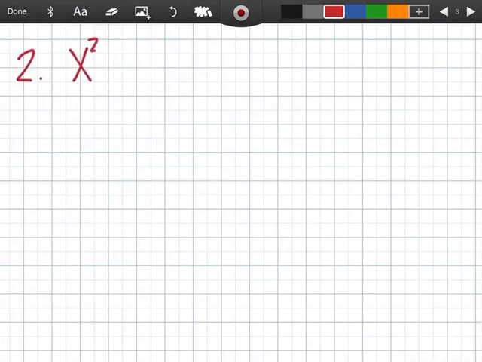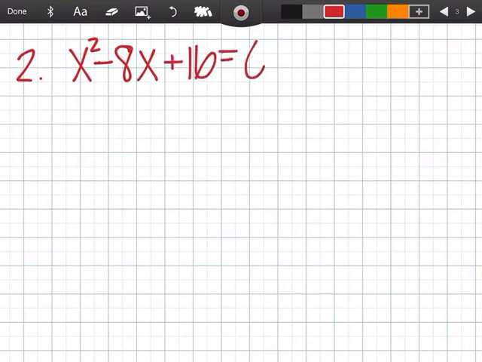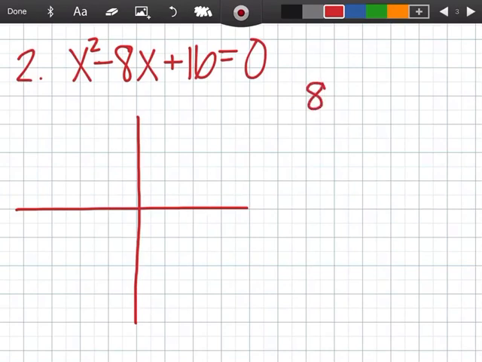So number 2 is x squared minus 8x plus 16 equals 0. So to find the vertex, I'm going to take negative b, which is negative 8, so 8, divided by 2 times a, which is 1. So 8 divided by 2 is 4.